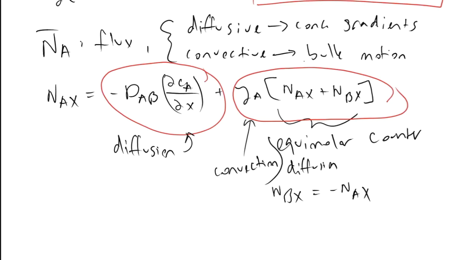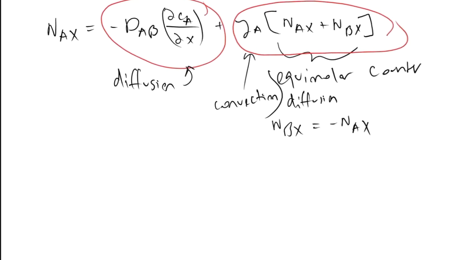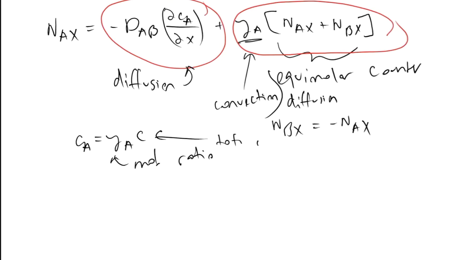Another point I'd like to make here is that sometimes we will write CA is equivalent to YA times C, the total concentration. So this YA is just the molar ratio of component A in your control volume, and C is the total concentration inside your control volume.